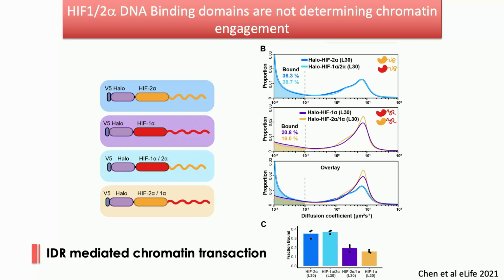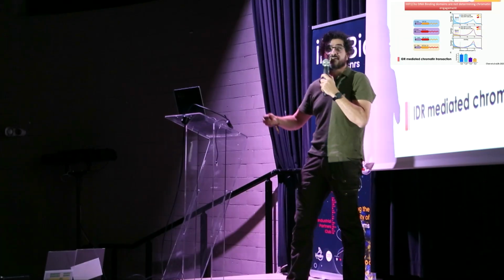And so we were really expecting this to be mediated by the DNA binding domain. I already primed you, saying that they're extremely similar. But what she realized is that this binding property, how much of the protein is bound to chromatin, is not mediated by the DNA binding domain, but is really a feature of the IDR of the activation domain, which is a protein-protein interaction domain.